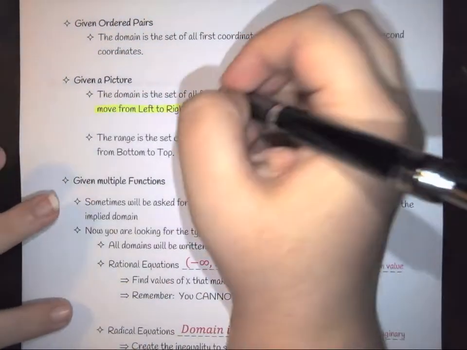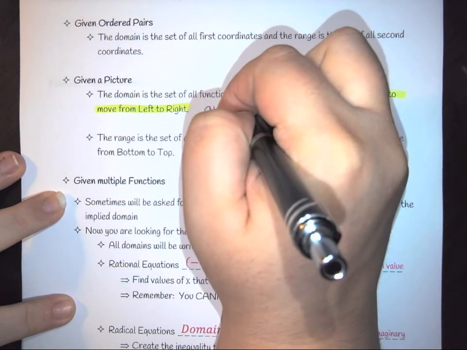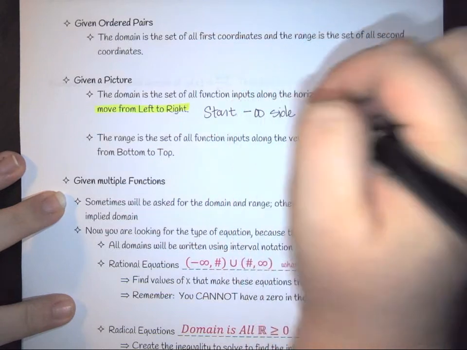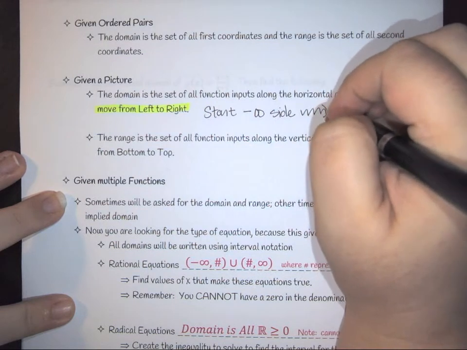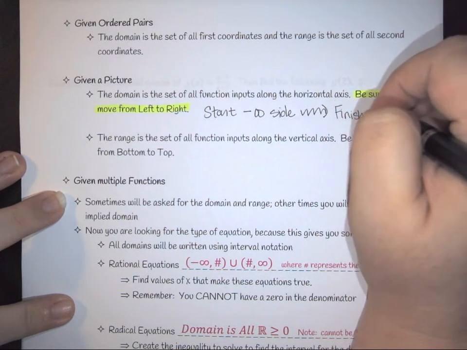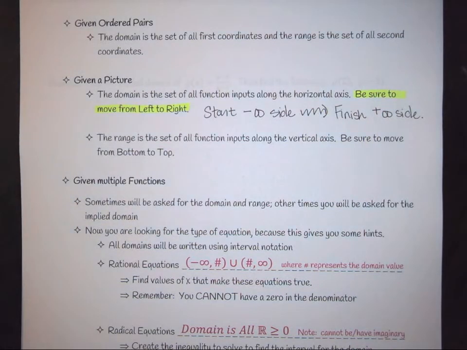What that means is you always want to start at the negative infinity side, and you're going to move through to where you finish at the positive infinity side. Okay? And that order is really, really important.